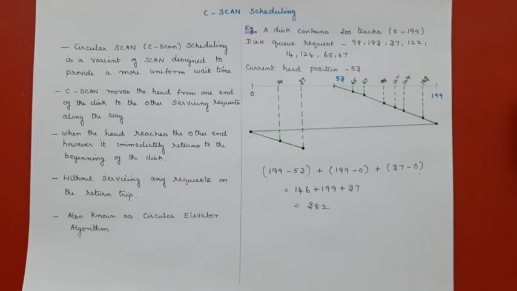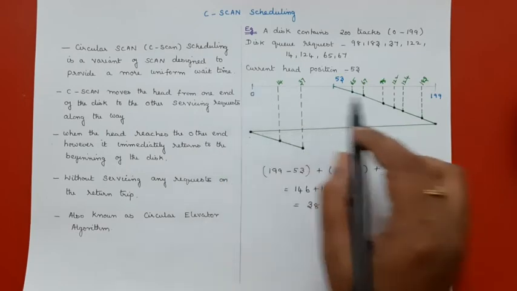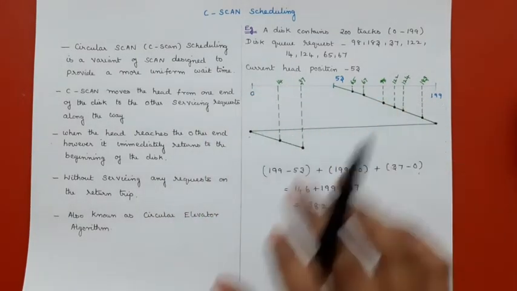Here in this example, I have a disk that contains 200 tracks, that is from 0 to 199. I have a disk queue of requests, and my current head position is at 53. So I'm drawing it from 0 to 199. That means I have 200 tracks.